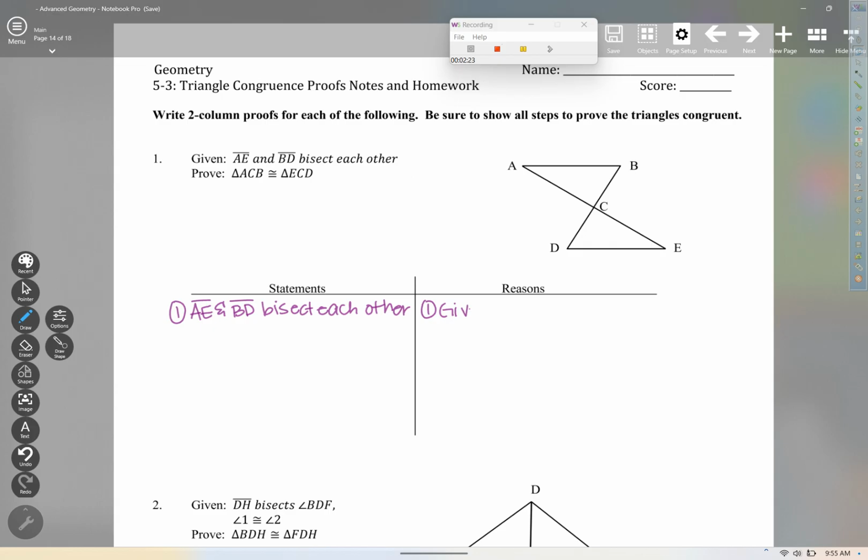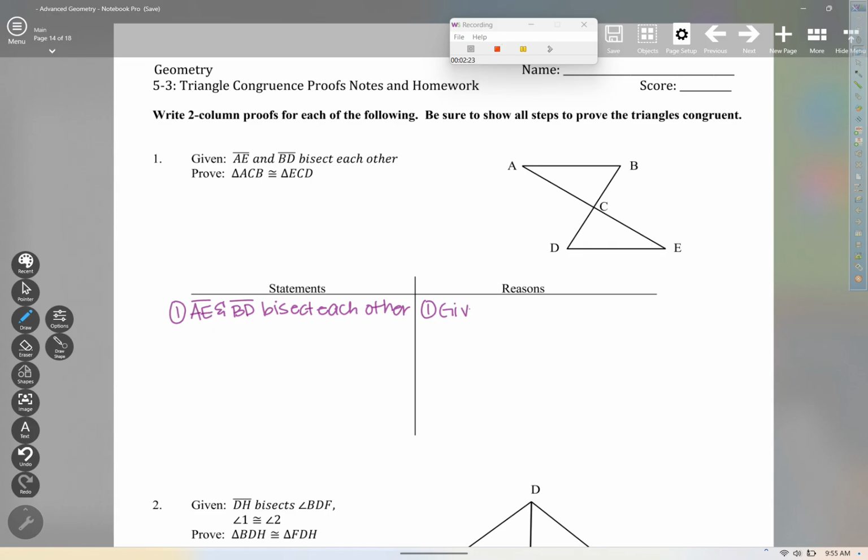Okay, bisect means to cut in half. So if AE cuts in half BD, that means that C is the midpoint for both of them, right? So cutting in half means to split the 2 in half. Midpoints, just like we did median in a triangle last chapter, it will split it in half.